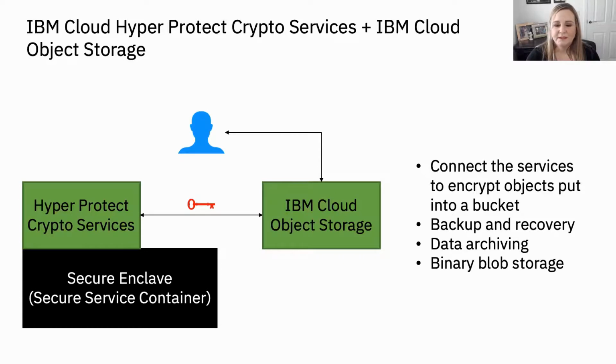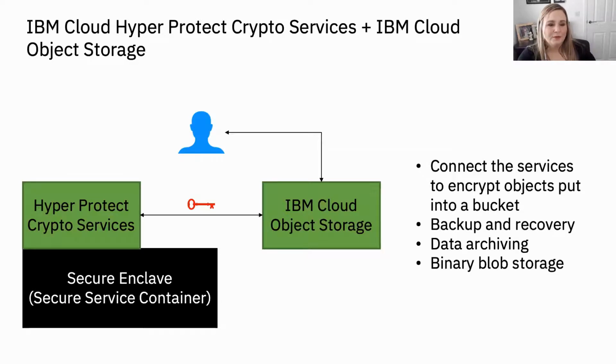So when you would set this up to work together, you actually create more places to put data into via an API. And you can drive that API to push object data in and get it back out. But because you're now storing data in there, you can actually be storing sensitive data. So this is where you'd want to integrate with crypto services to actually encrypt the data while it's stored there.